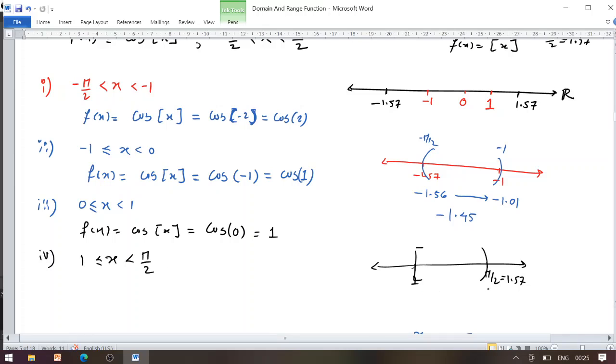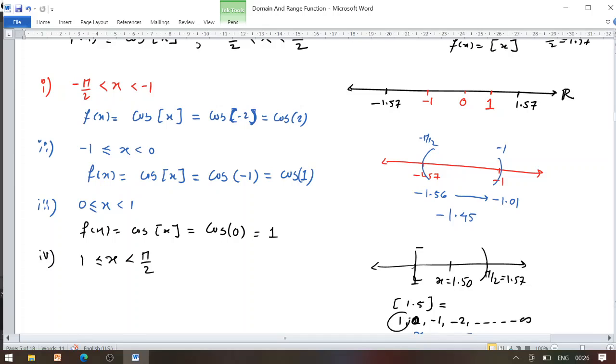So consider any value in between them. I would like to consider x equal to 1.5, which is greater than 1 and less than 1.57. So the greatest integer value not greater than 1.5 is given by which of the possible integers less than 1.5? Those are 1, 0, minus 1, minus 2 and so on up to minus infinity.